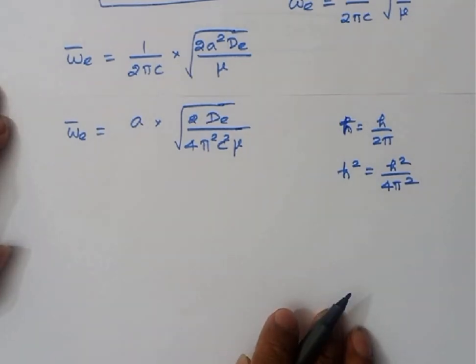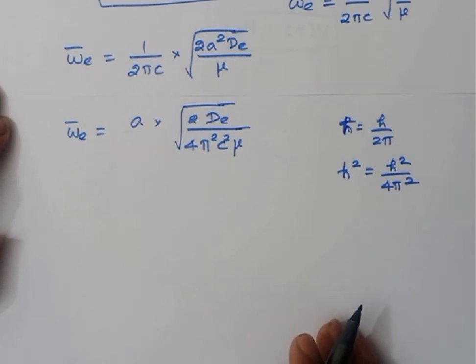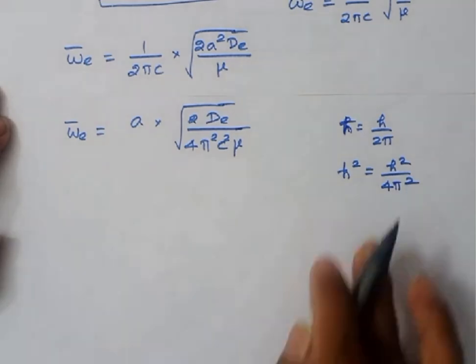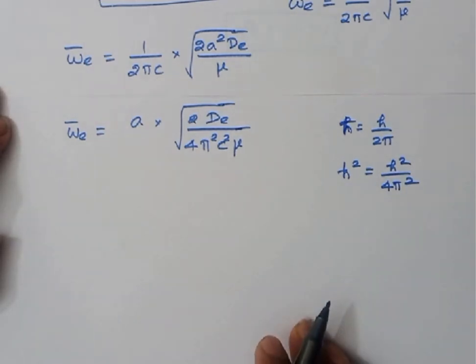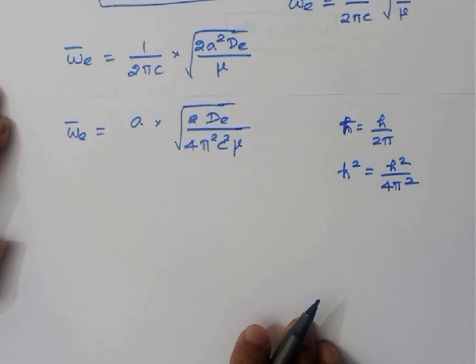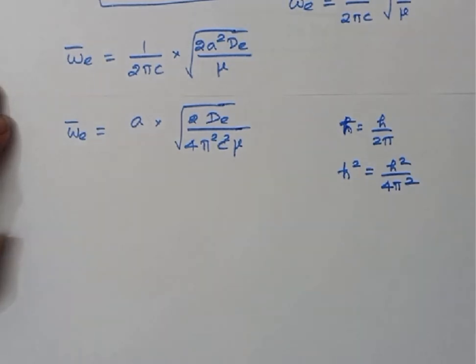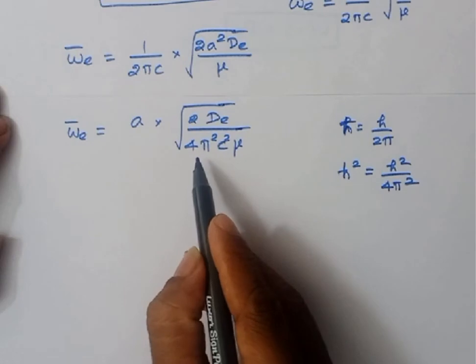Is this clear, student? Yes, sir, this we know already, right? Now, what I am going to do, I am going to substitute this value here, in the place of 4 pi square.